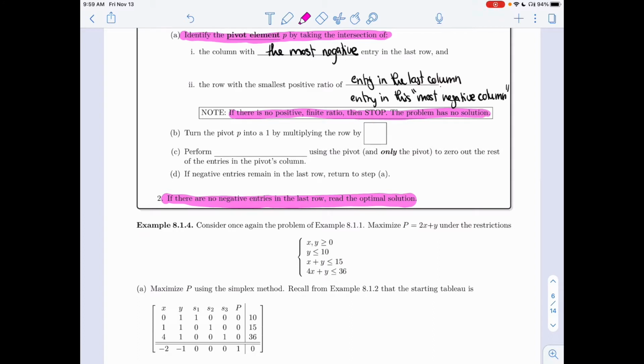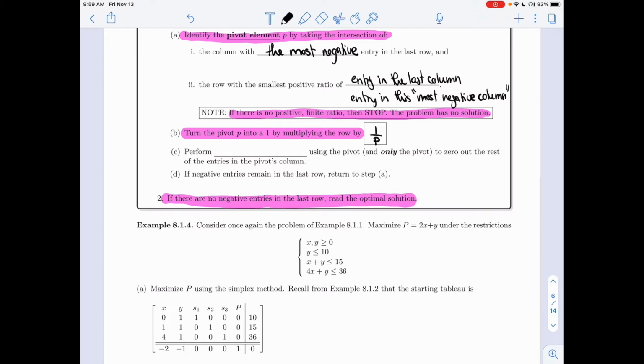All right, so you want to pivot on that element you found. The first thing you do is you turn that pivot into a 1 by multiplying by, well, if it's P, then you multiply by 1 over P. And then you want to clean up that column so that it looks like it's a basic variable.